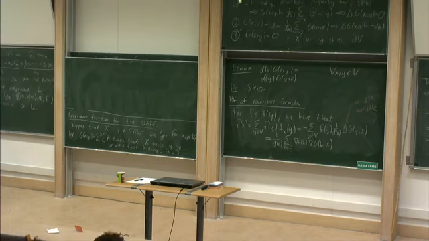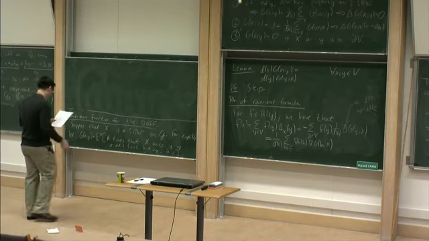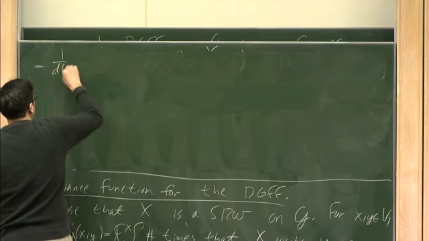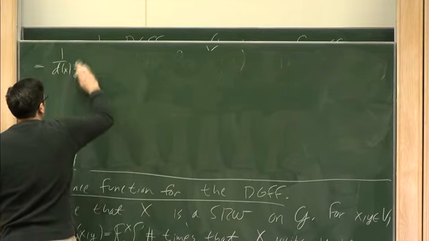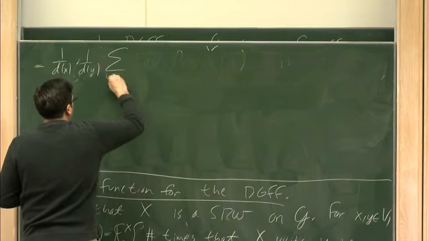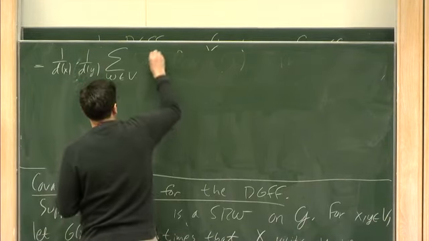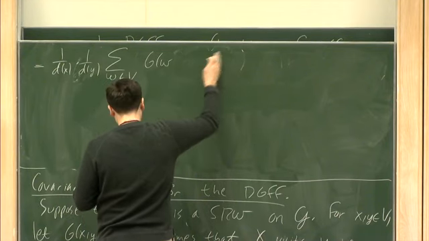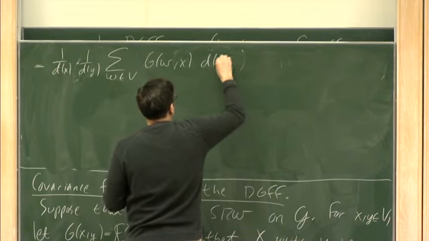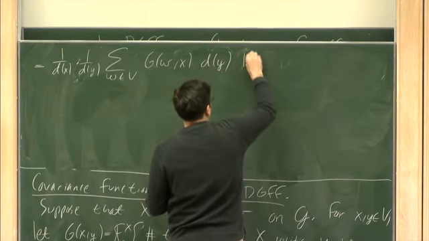Right, and so what is this equal to? We just have to remember what our formula was for the Laplacian of g. And what you get is that this is the same thing as 1 over d of x, 1 over d of y, times 1 over d of y, sum over all vertices w, and then we have g of wx times d of y. And I've canceled the minus sign already. That came from the summation by parts.